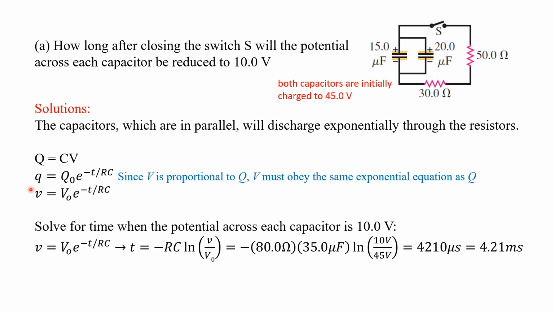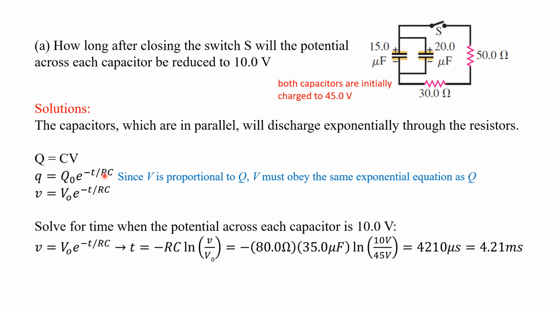Remember that your Q is equal to your CV, and we only have this expression here, which is your Q is equal to Q naught E to the negative T over RC. And from here, since your voltage is proportional to your Q, your voltage must obey the same exponential equation as Q. So we can derive an equation for the voltage of this form here.